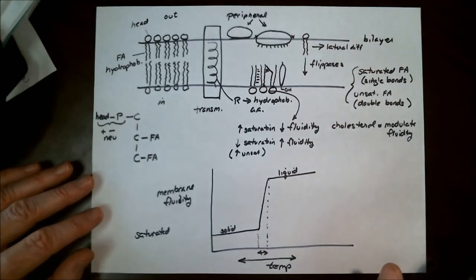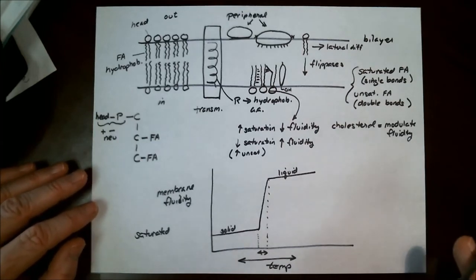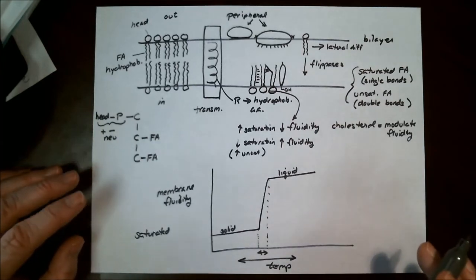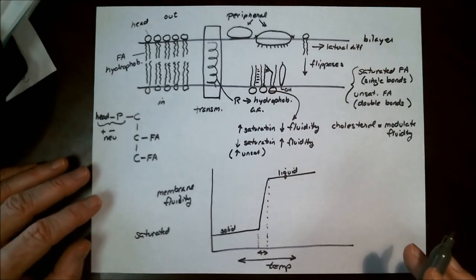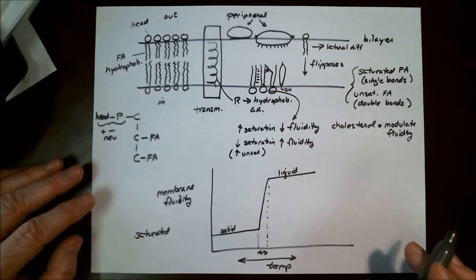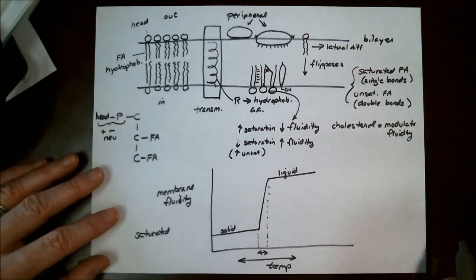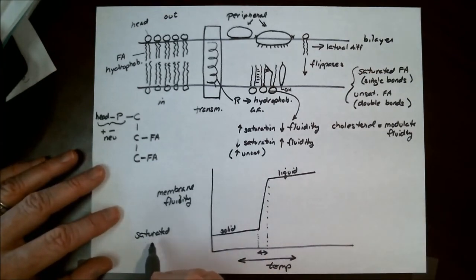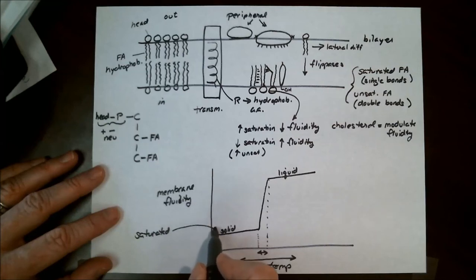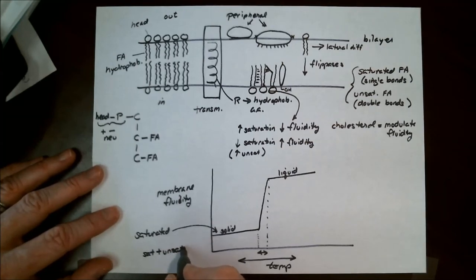So just like in organic chemistry, when we introduce a contaminant of sorts into our pure substance, we increase the temperature range of the phase transition from solid to liquid. So now this is saturated. Now let's do saturated plus unsaturated.